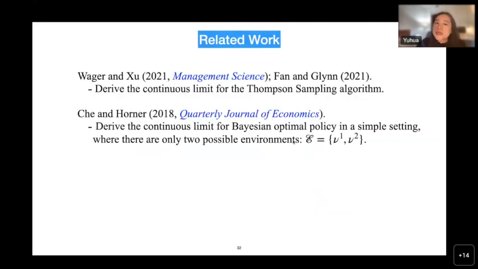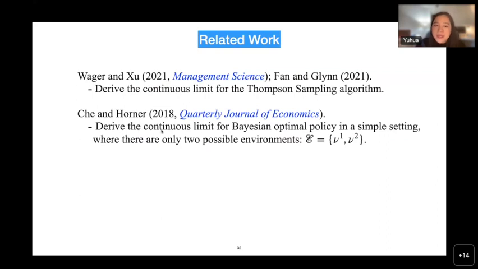Okay, and here's some related work. There's also some work at Stanford. They derive a continuous limit for the Thompson sampling algorithm, and there is also a work by a Columbia group in economics.